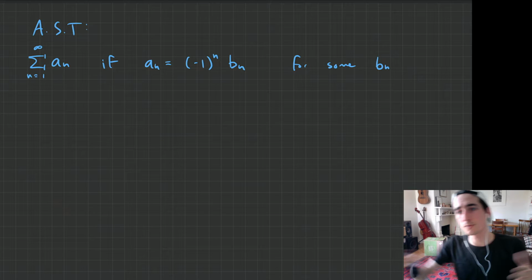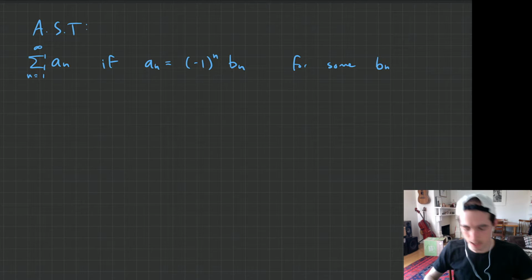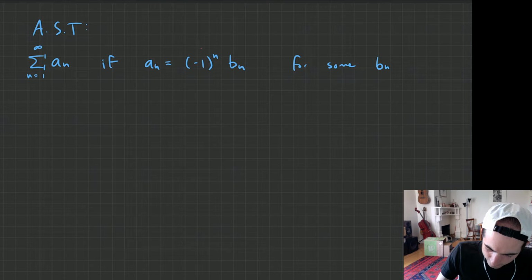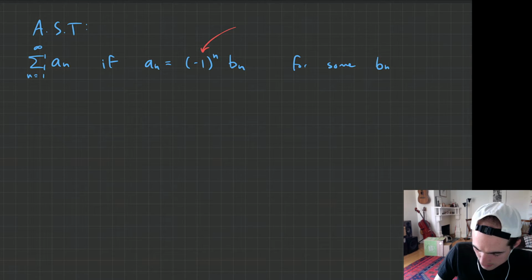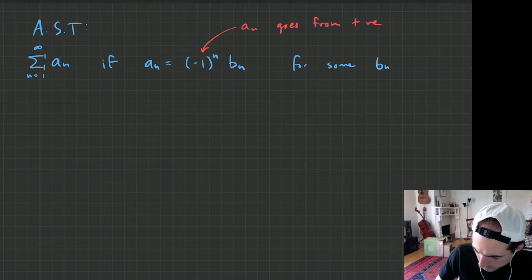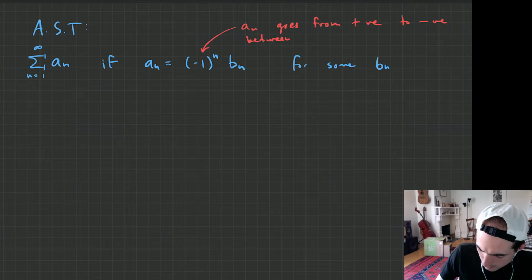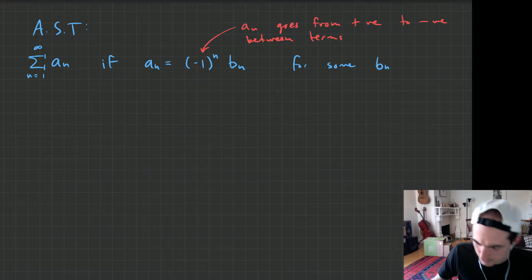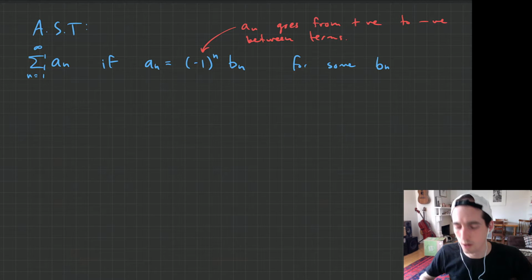Basically, if the terms are going back and forth, that's really all it's saying. The negative 1 to the n means a_n goes from positive to negative between terms, going back and forth from positive to negative.